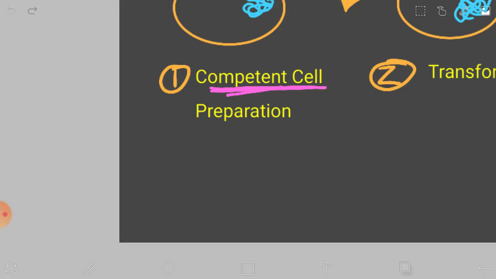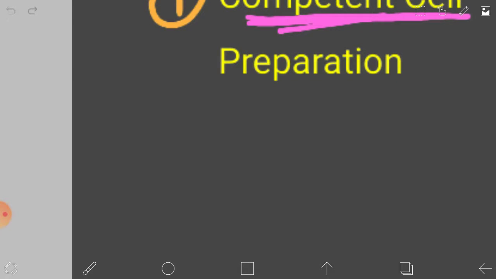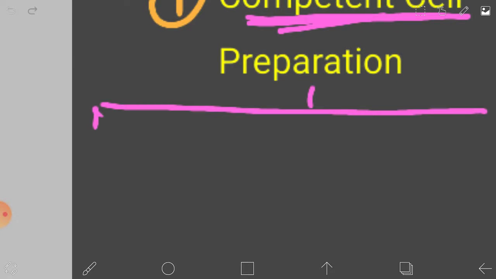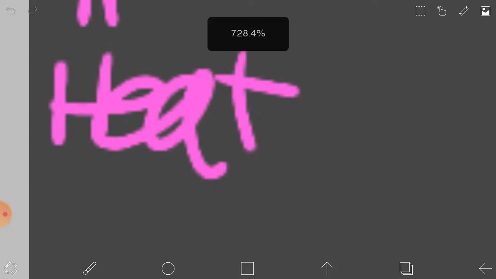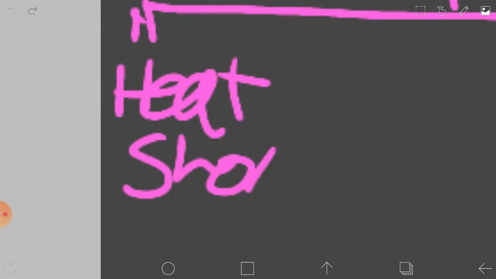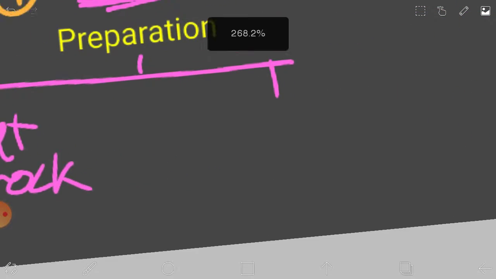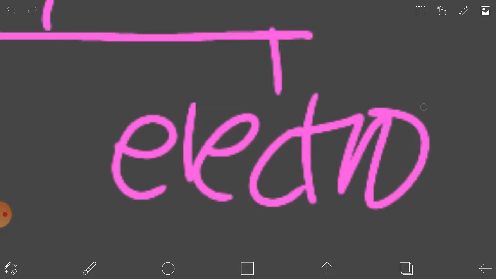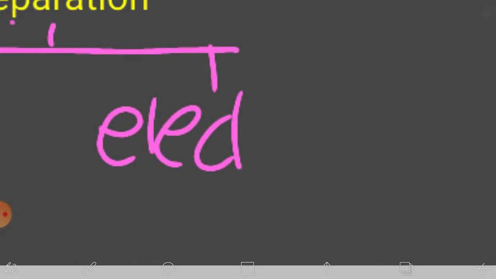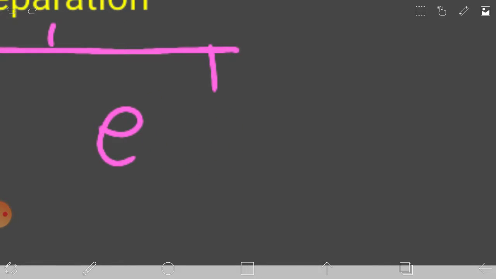So what we do in this step is we make this go through either heat shock or electroporation. Now the results are more or less the same with these two.